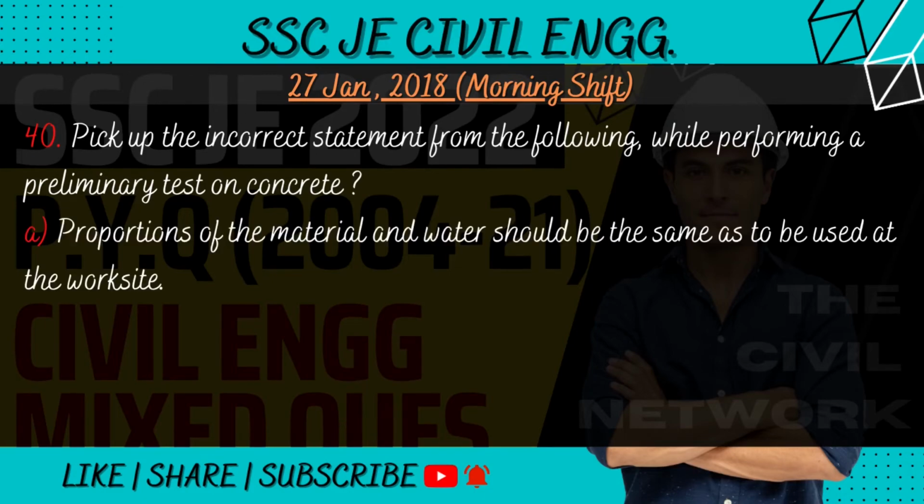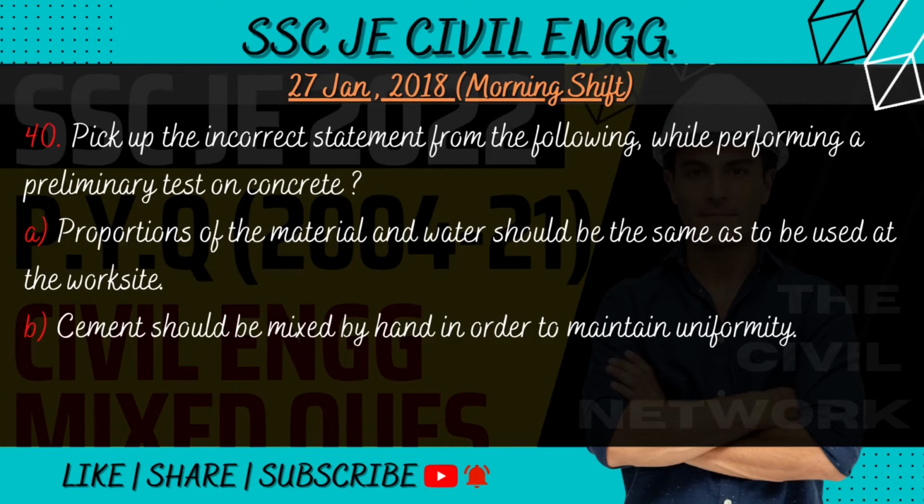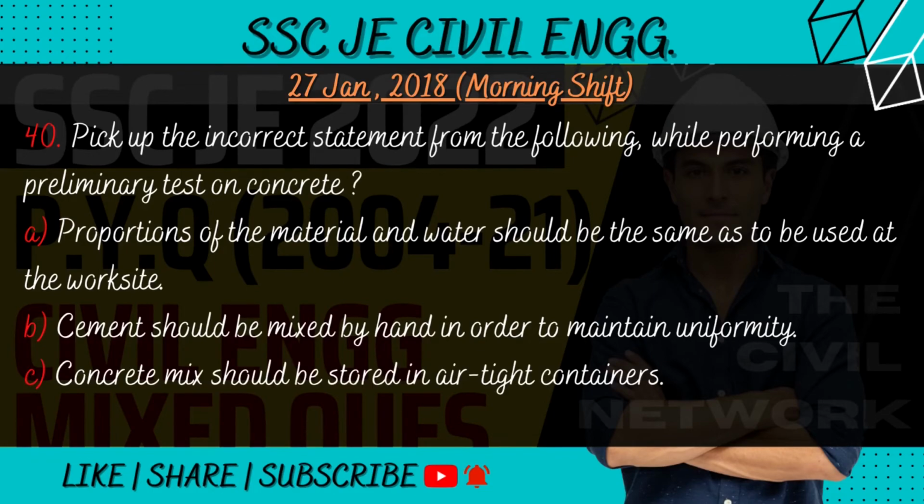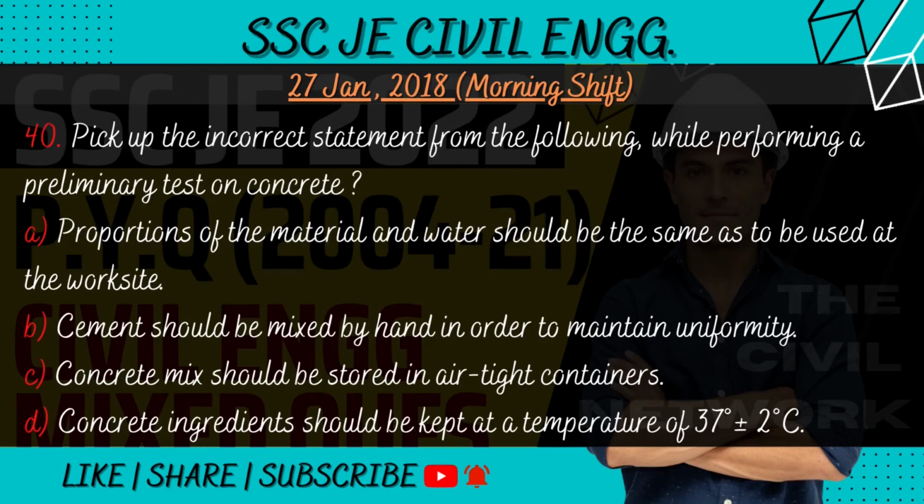Your options are A proportion of the material and water should be the same as to be used at the worksite, B cement should be mixed by hand in order to maintain uniformity, C concrete mix should be stored in an airtight container, D concrete ingredients should be kept at a temperature of 37 degrees plus minus 2 degrees Celsius. Your correct answer is option number D.